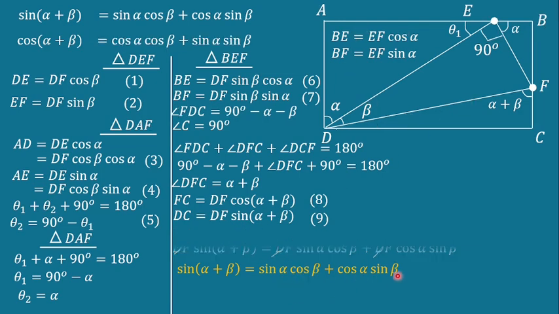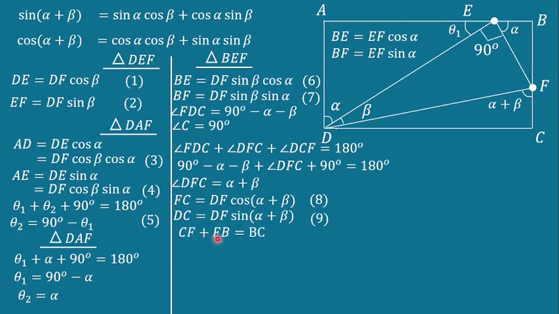Now I remove this and use this one relation FC. From this I can write BC equals BF plus FC, or CF plus FB equals BC, and BC is exactly equal to AD. So I construct this one relation: CF plus FB equals CB, and CB in turn equals AD.